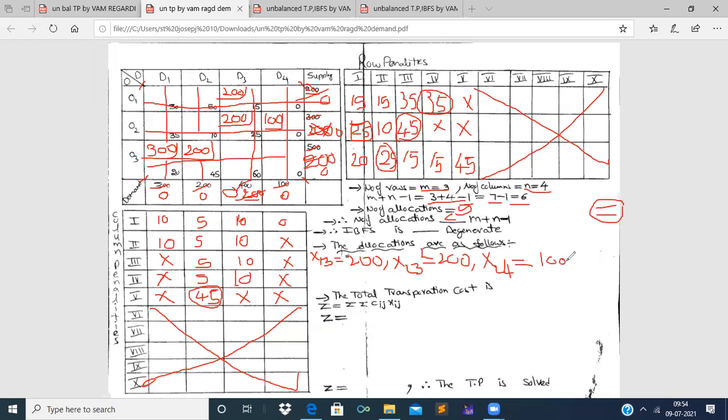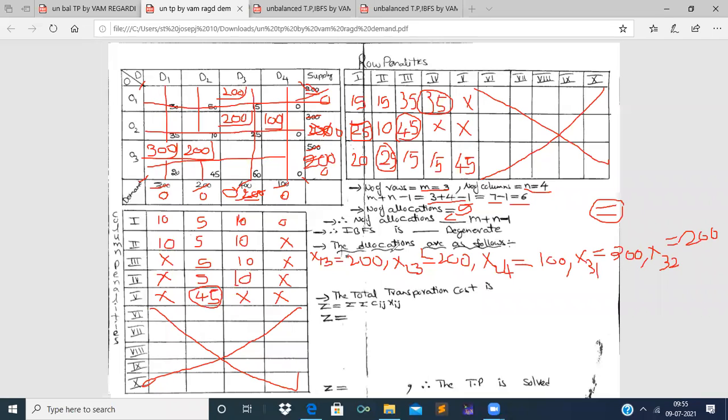Now let us write the fourth allocation, that is x31 is equal to 300, right? And the last allocation is x32, that is O3D2, is equal to 200, right?